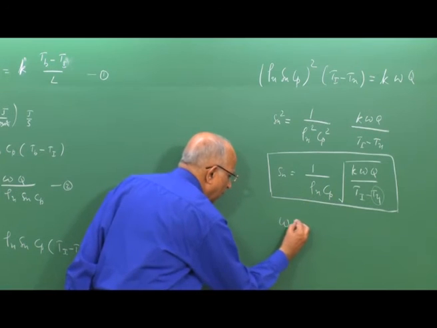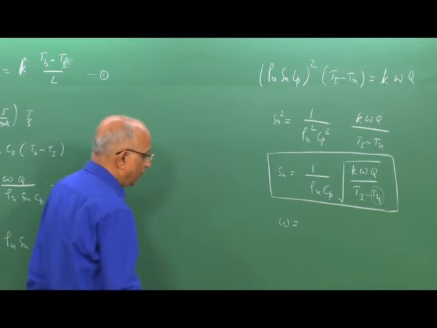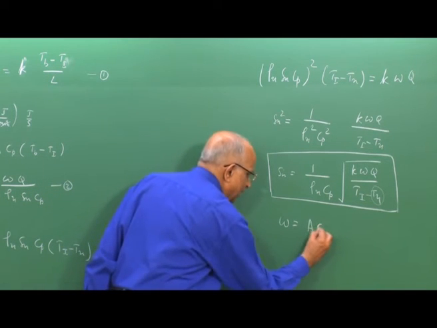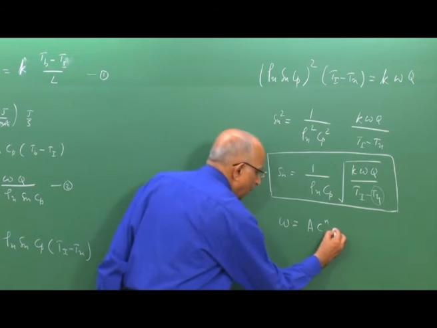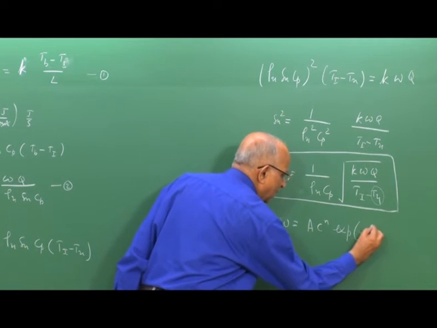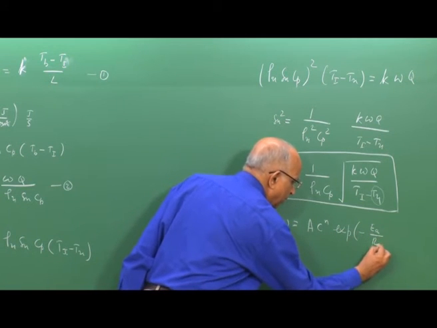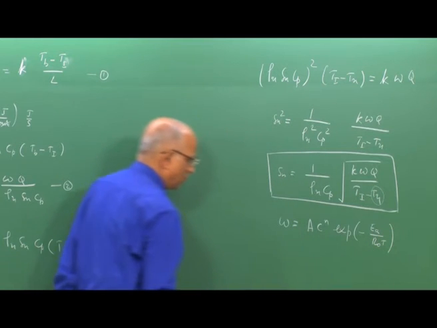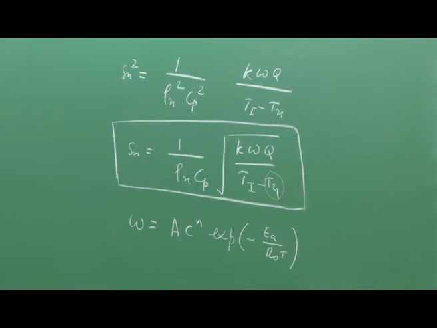Let us say omega, as you know the rate of a reaction, we defined it as equal to A C^n into exponential of minus activation energy divided by universal gas constant into temperature over here, so many moles per cc second.